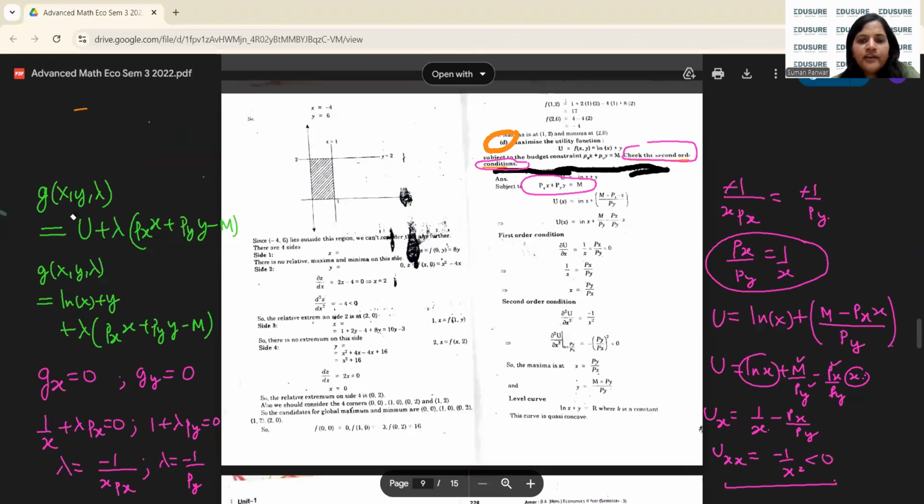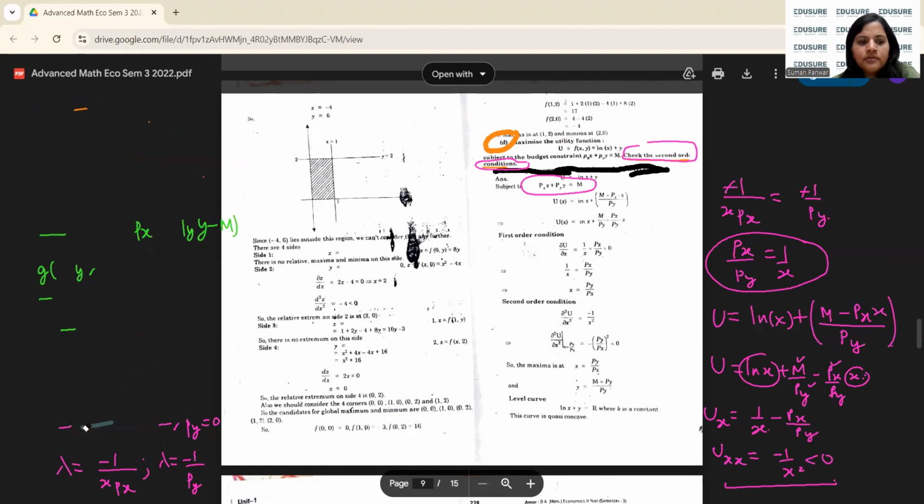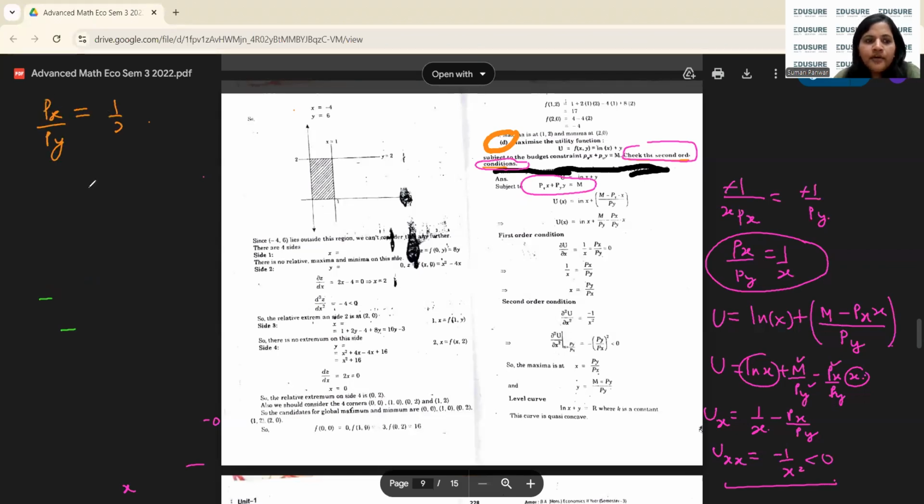Now let's find out what the maximum value is. We have this condition px/py = 1/x, and u is equal to log x plus y.